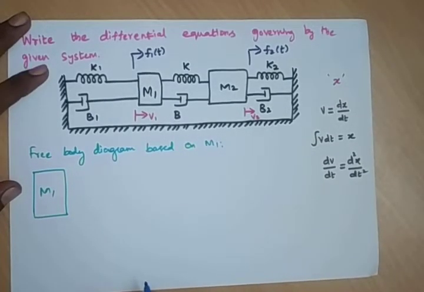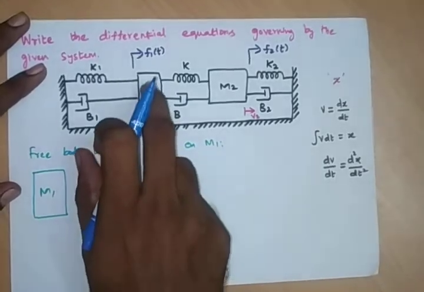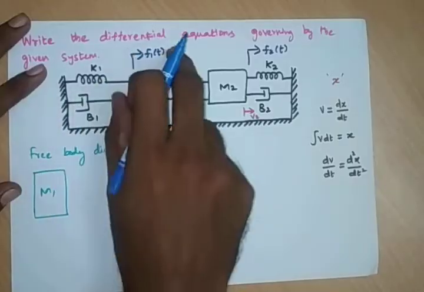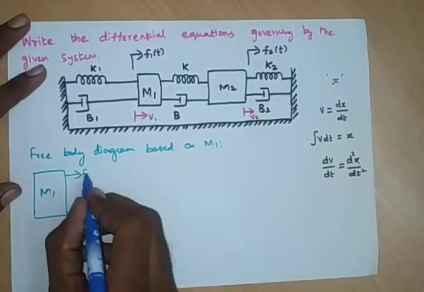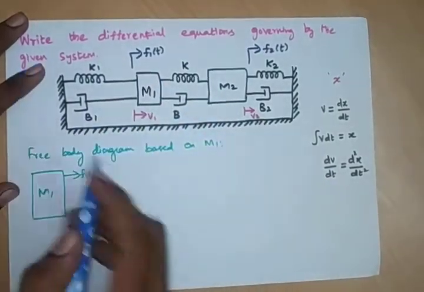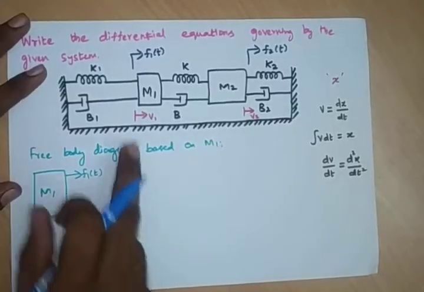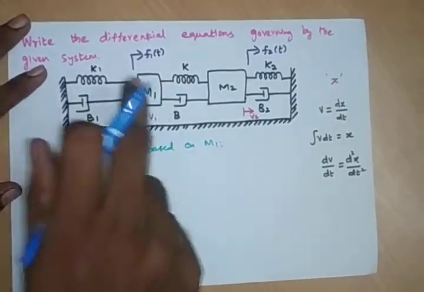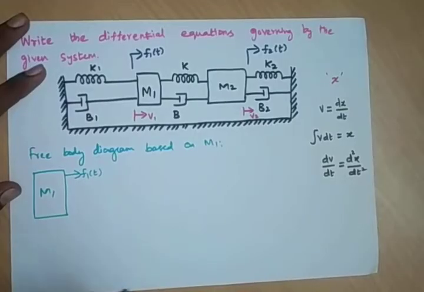I have drawn the node for mass 1. In this node there is a pulling force called F1 of t. There are a number of opposing forces, so totally 5 forces.